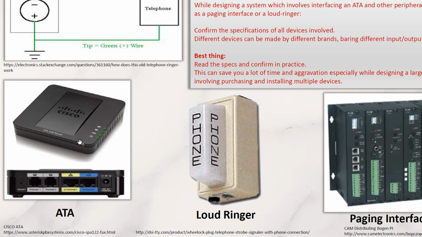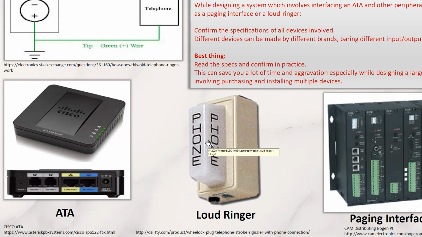So all ATA adapters will have a POTS jack. The other jack plugs into whatever system. So this one here is made by Cisco, but if it was a Meridian phone system, it would be a different ATA adapter that works with the Meridian. If it were a Panasonic system, okay, you get the idea, right?